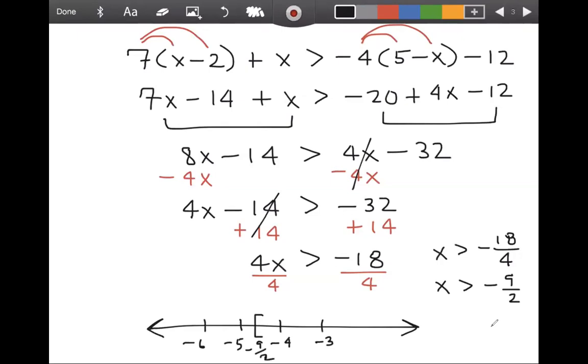And then, oh goodness, I messed up. Shoot. Okay. I almost didn't notice it says greater than. That means it does not get a bracket, it gets a parenthesis, because the -9/2 is not included. But all the x's that are greater than -9/2, they are to the right. So those are the ones that get colored in.